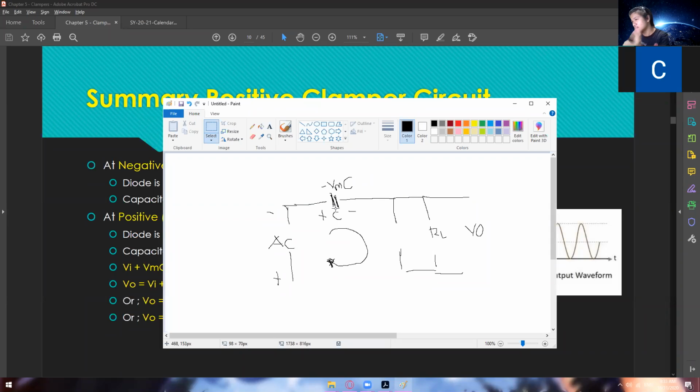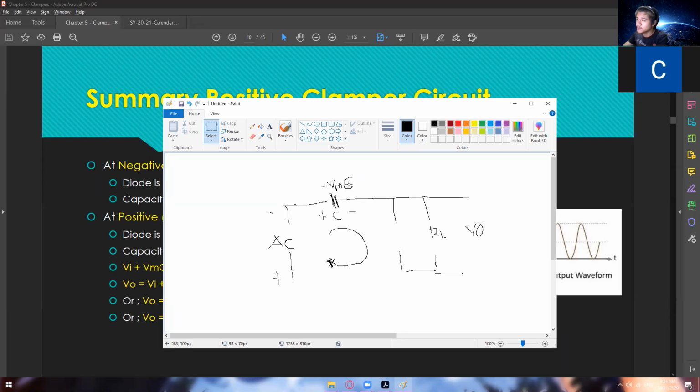So again, when is the time that it will discharge? It will discharge once it detects that the peak voltage of the VMC is lesser than V sub I. I would like you guys to take a look at other examples on YouTube or on Google on how a capacitor works, because that's the time that it will discharge if it detects that it has a power loss.